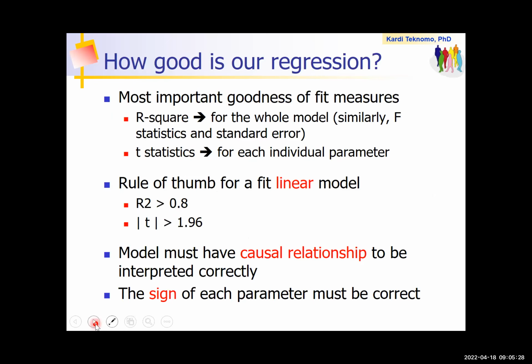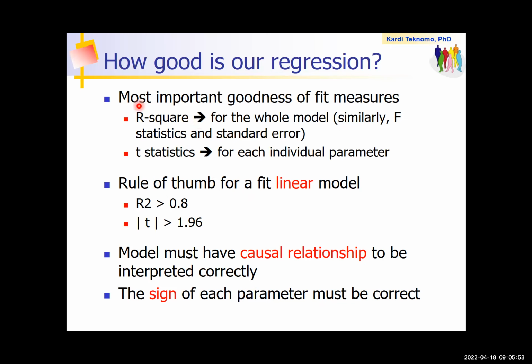Yeah. Okay, so once you get those formulas and computing the slope and intercept as well as the R square and the T statistics, how do you say that this is a good model or not, right? So this is called goodness of fit measure. There are several numbers that you can use.